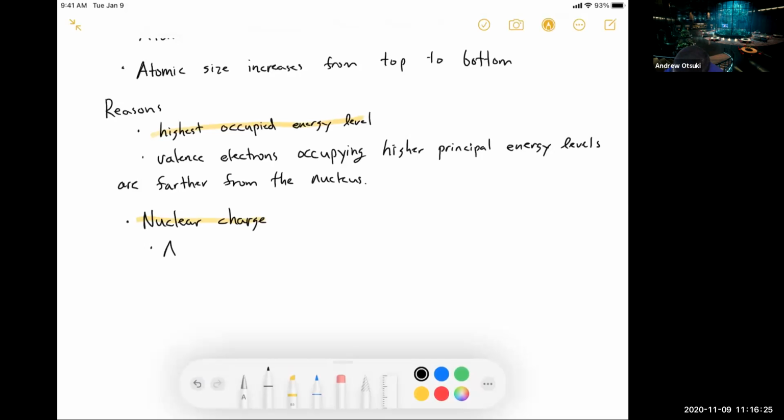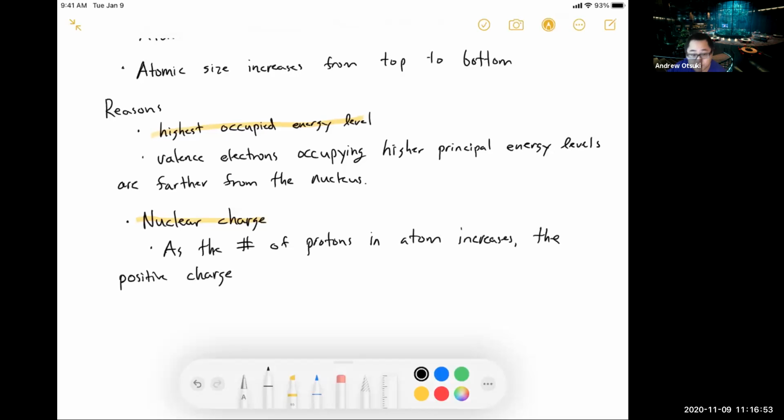So the atomic number is the number of protons in an atom, so as the atomic number increases, the positive charge in the nucleus will increase.